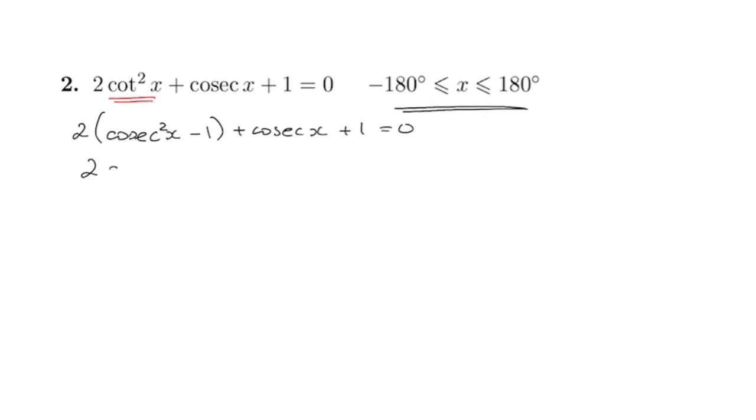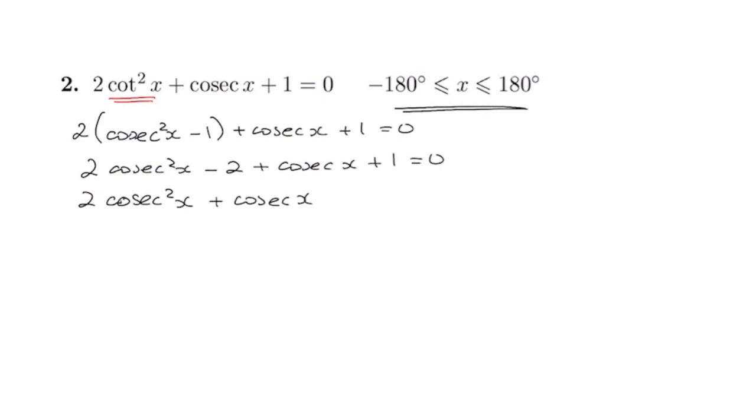Multiply that out, get 2 cosec squared x minus 2 plus cosec x plus 1 equals 0. So 2 cosec squared x plus cosec x minus 1 equals 0.